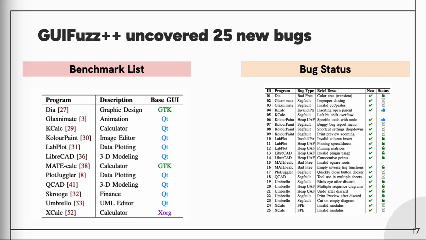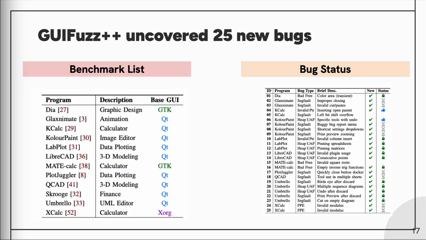So focusing on the bug finding results, this is the main purpose of fuzzing applications. GUIFUZZ++ found 25 new bugs across 12 benchmarks, and these range from things like seg faults to heap use after free to invalid pointers. And some of the bugs have been fixed, and almost all have been confirmed by the developers.